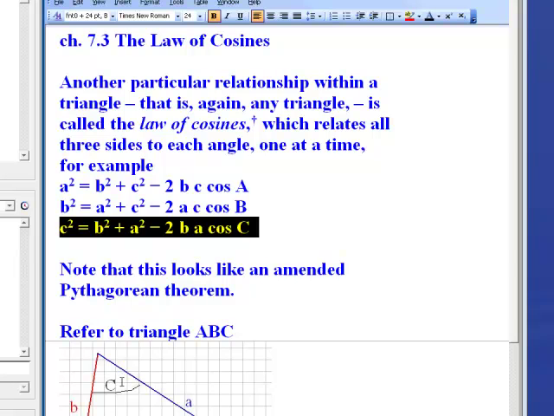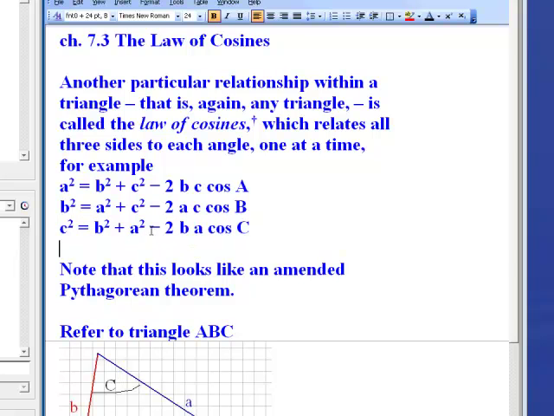That would make the side a actually longer and the side c longer as well. So there has to be some kind of adjustment since it's not a right triangle, and that adjustment is this minus 2ba cosine c. In any case, here's the proof.